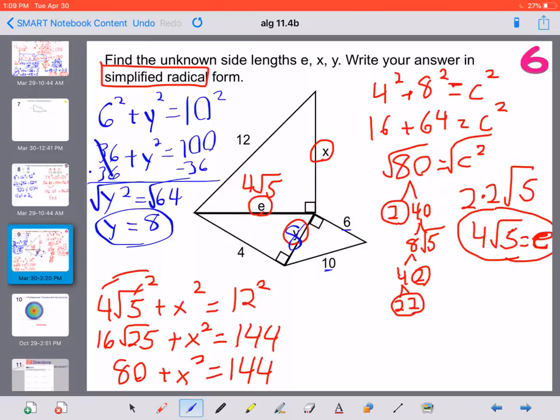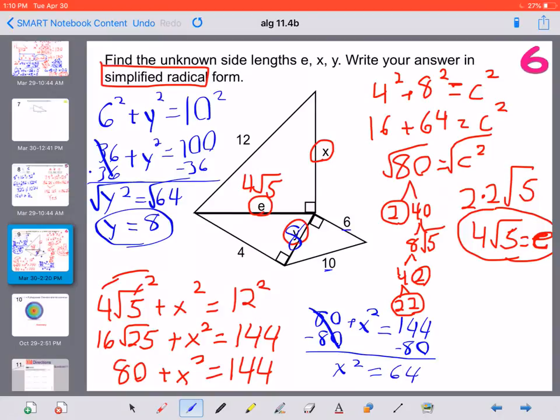So I'm going to do 80 plus x squared equals 144. Subtract 80. We get x squared equals 64. Square root of 64 gives me x equals 8.